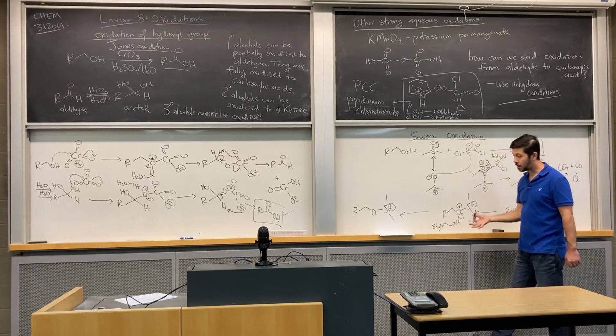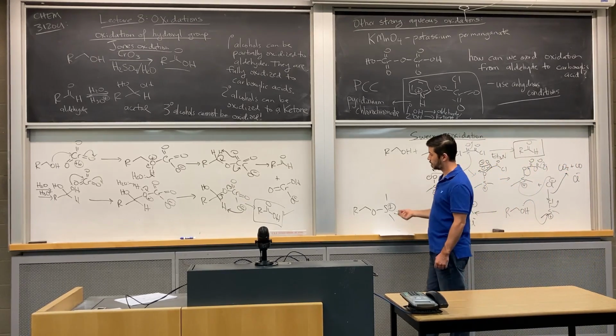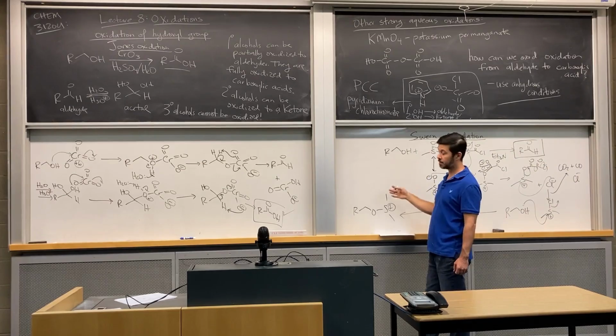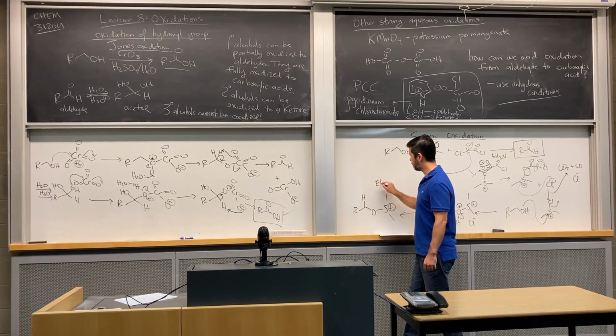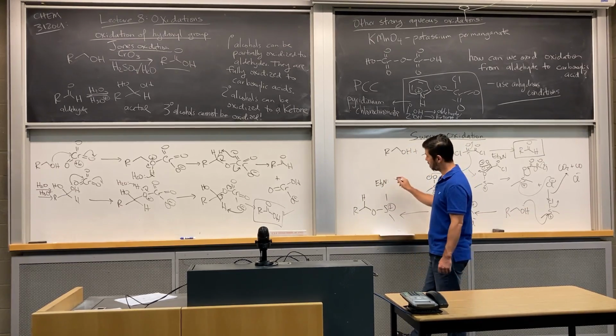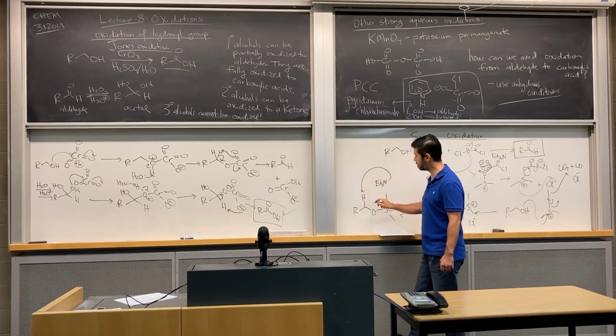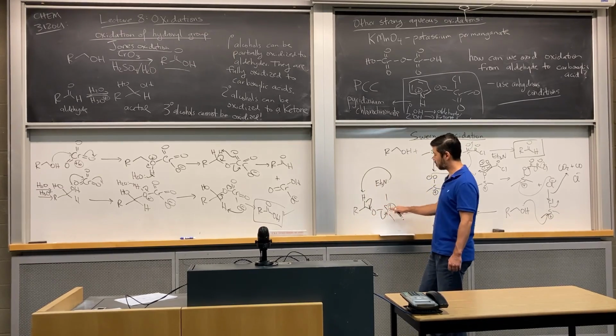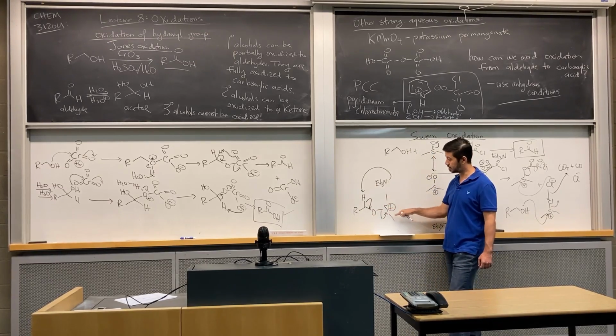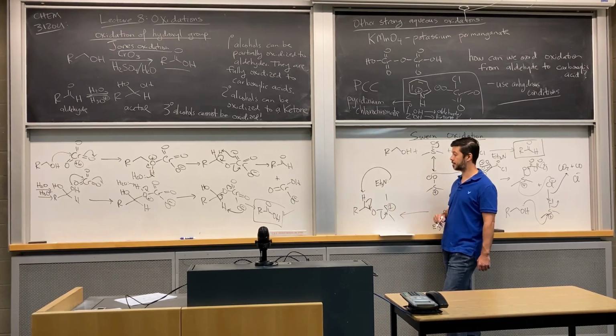So we're almost there. How are we going to do that? So similar to the chromium species, take triethylamine. That's going to be our base, and this is going to come pick up the proton, form that double bond, and then what this is going to leave as is dimethyl sulfide.